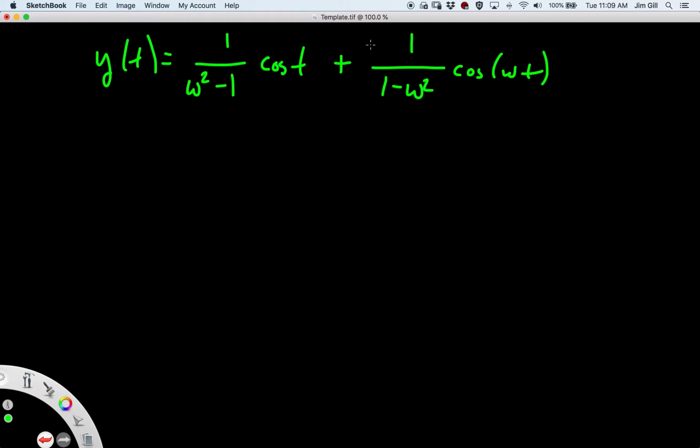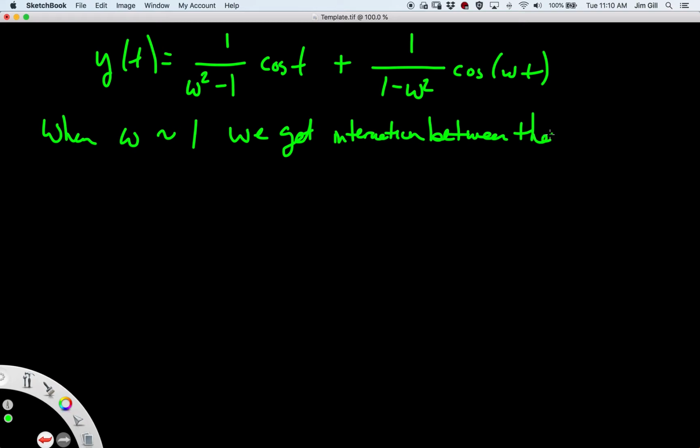Okay. So looking at that graph, when omega is close to 1, we get interaction between these solutions.